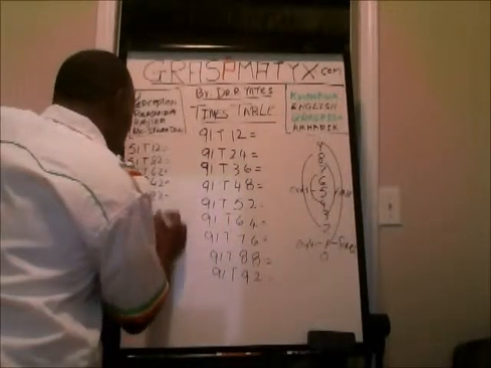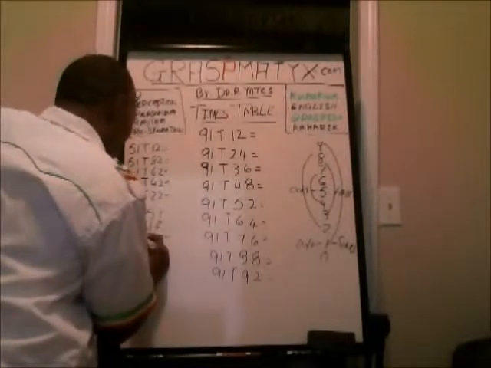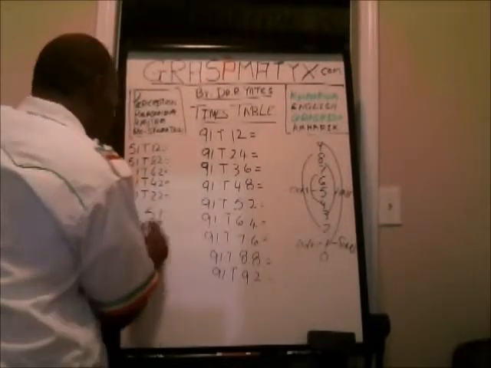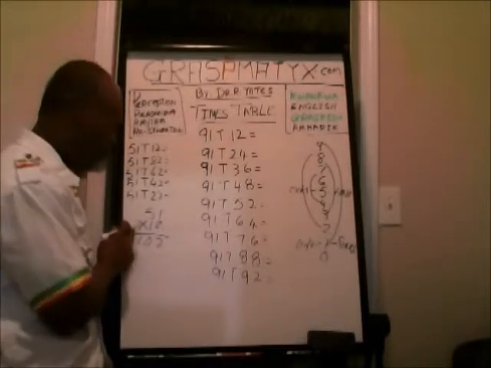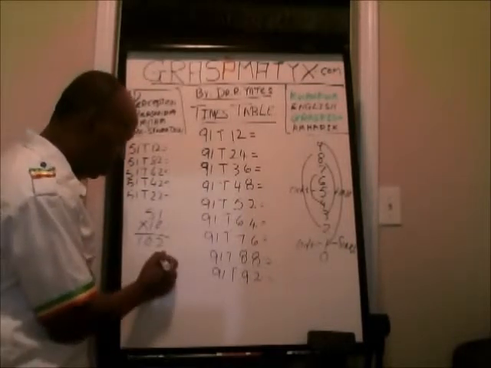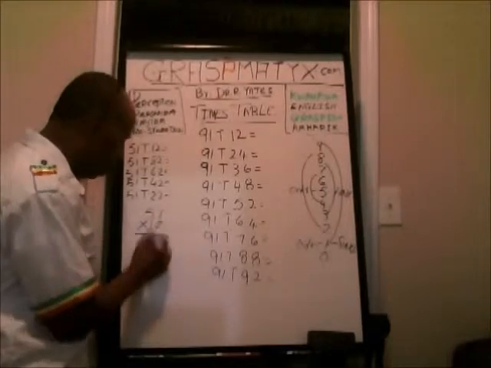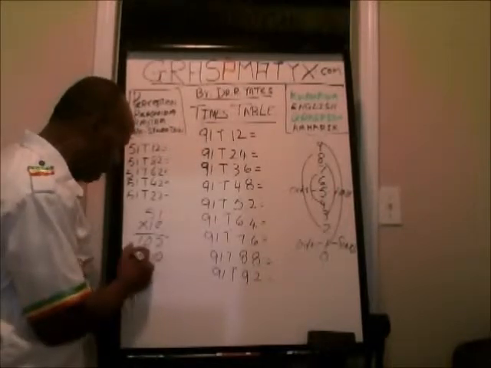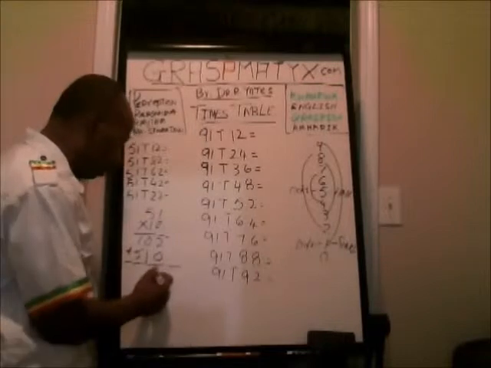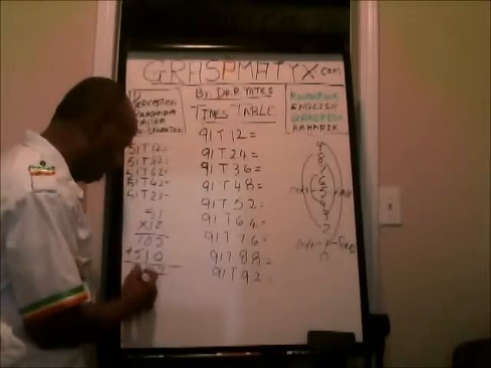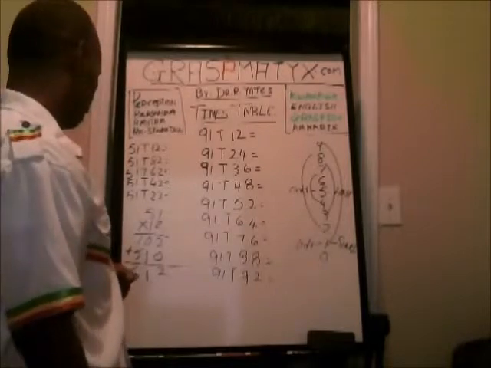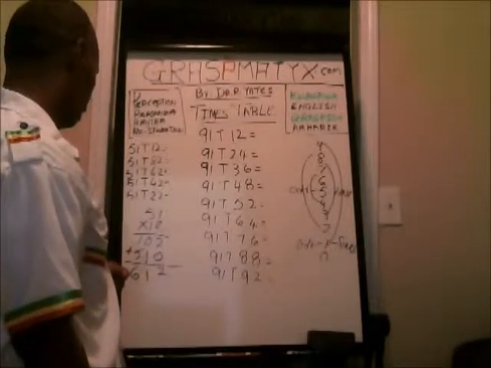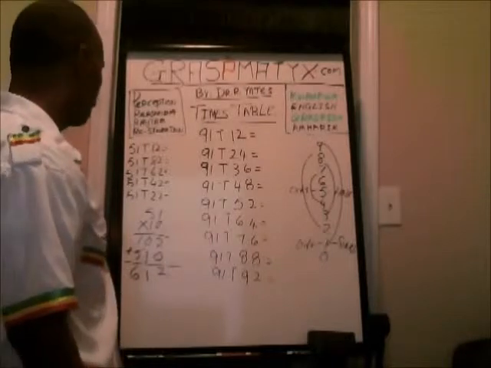So they say 2 1s are 2, 2 5s are 1-0, which they call 10 in school. So you put it there. Since I'm now doing the 1 here, I'll have to put a 0 here. I said 1 times 1 is 1, 1 times 5 is 5. Then I put my plus sign here and I add it up. I get 2, I get 1, and I get 6.